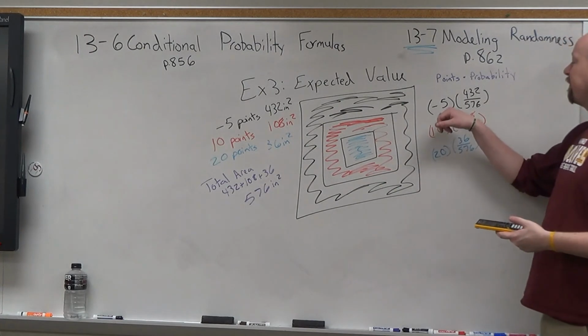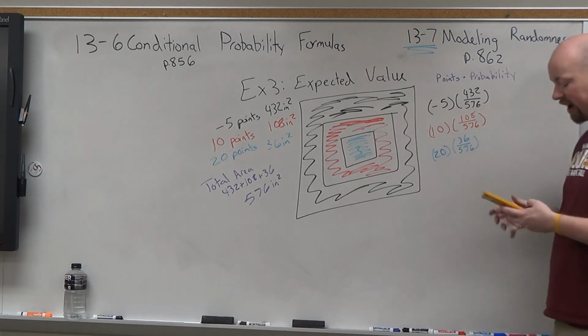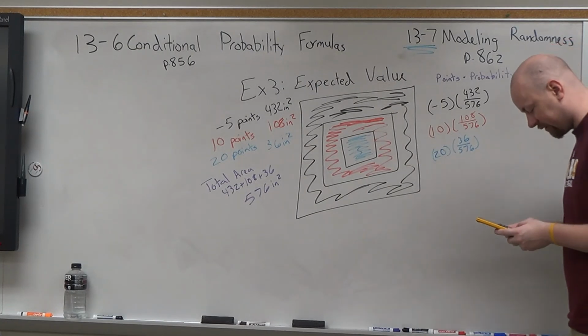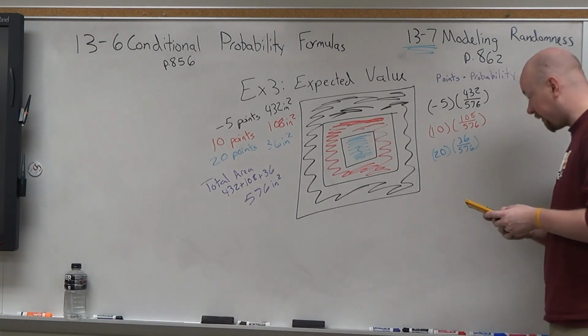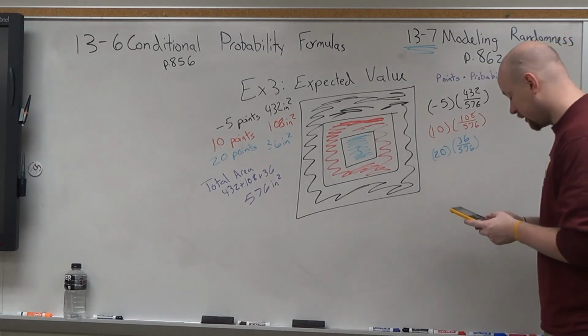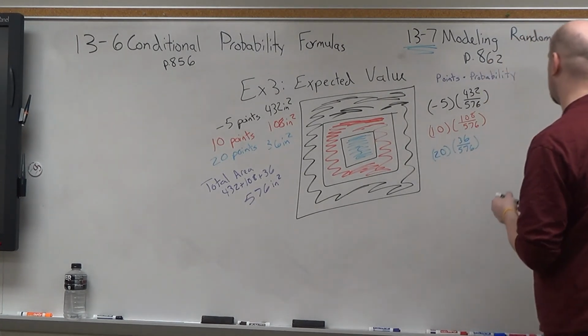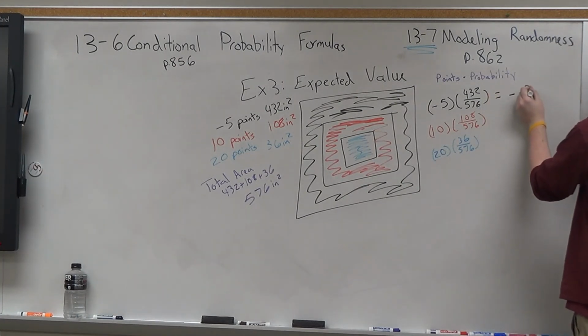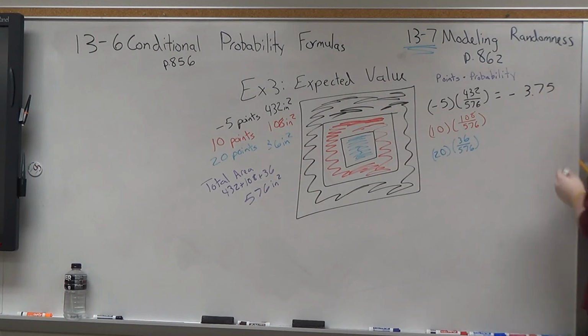So first, -5 times 432 divided by 576. Okay, -5 times 432 divided by 576 gives me -3.75.